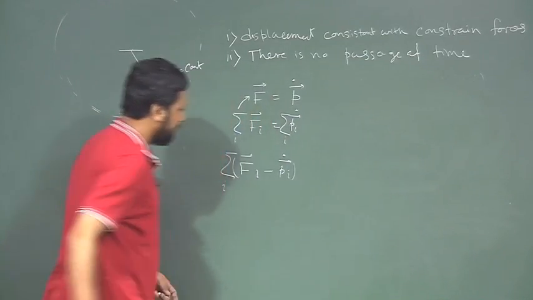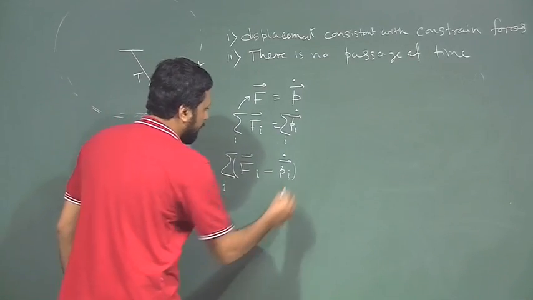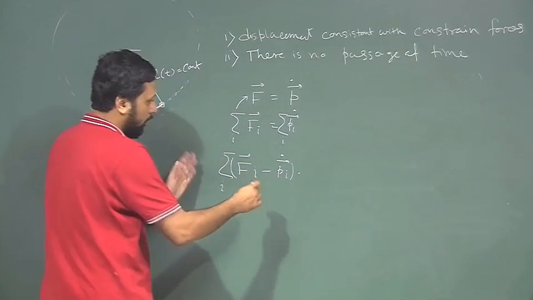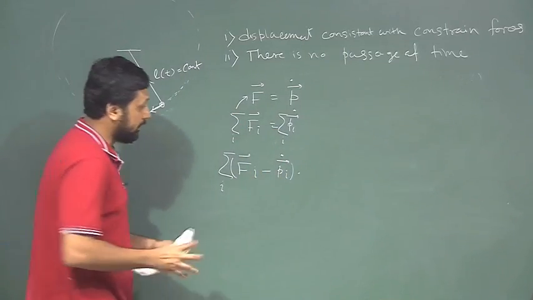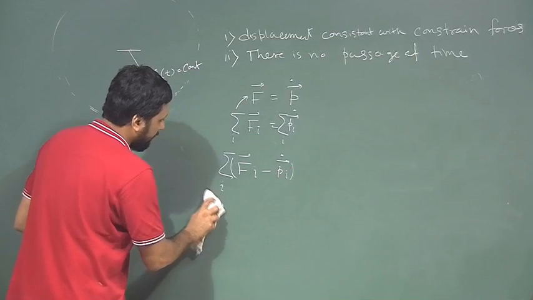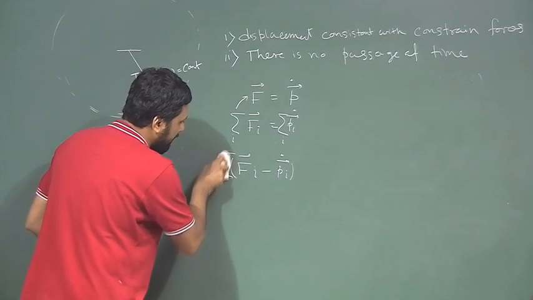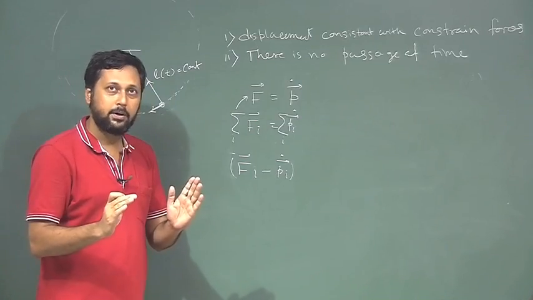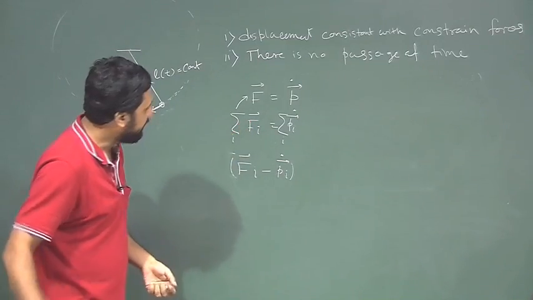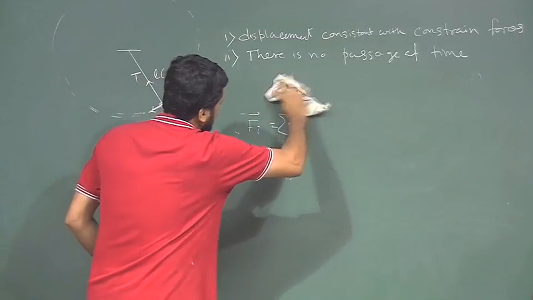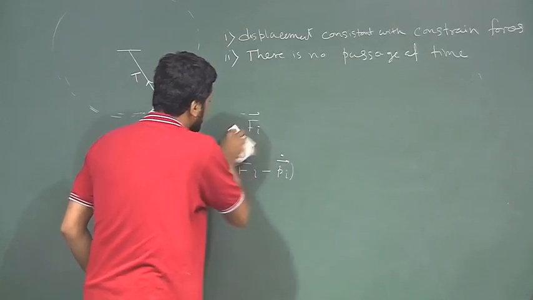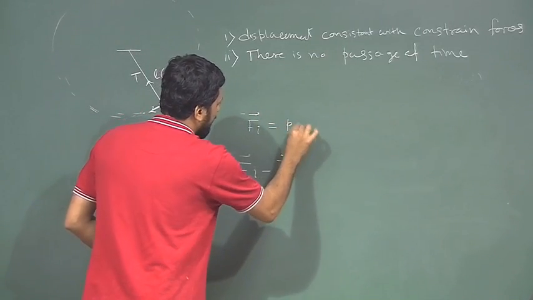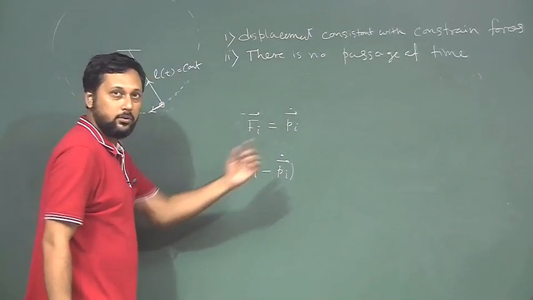As this has to be satisfied, this is valid in both forms, please understand this. It is valid in a summation form, and also valid in individual form. If I forget about the combined equation now, I can just concentrate on the individual equation, which is F i is equal to p i dot.